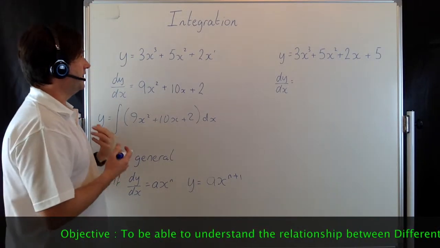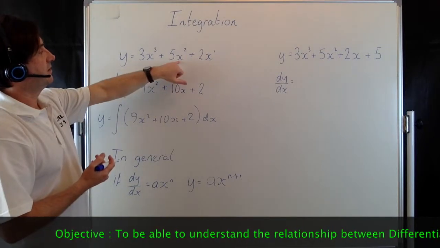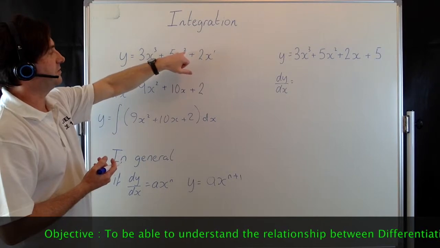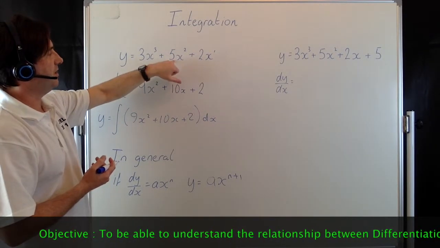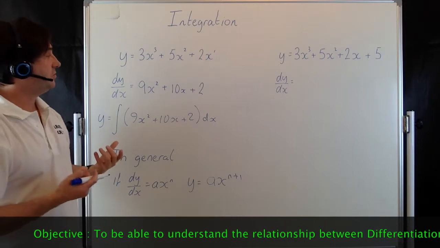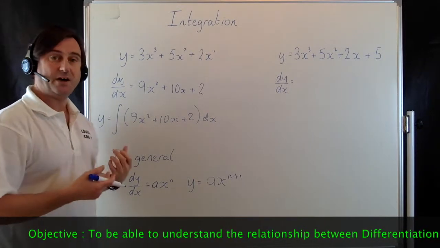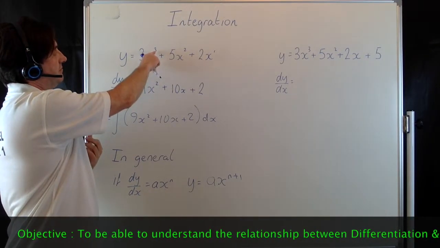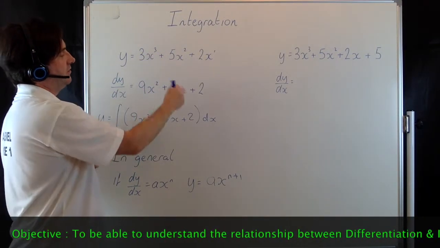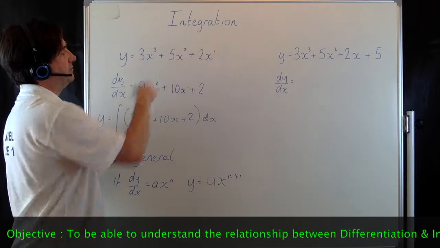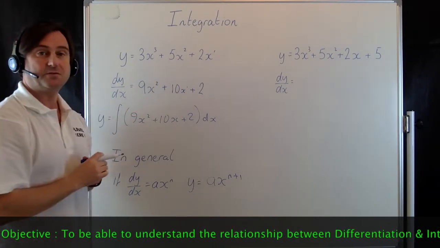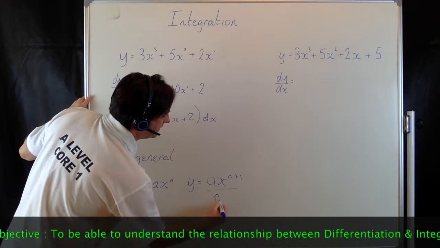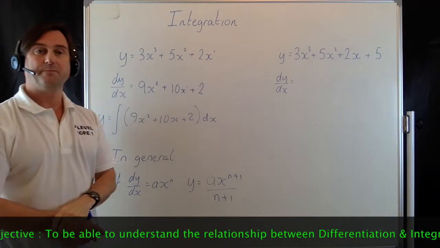If we have a look at the next term, 10x to the 1 would become x to the 2, and 10 to the 5 is divided by 2. What you should see is that we're dividing by what the power has increased to. On this one, the 2 went up to 3, and we divided by 3. On this one, let's just put the 1 in there, the 1 went up to 2, and we're dividing by 2. So we could say that we have to divide it by n plus 1.